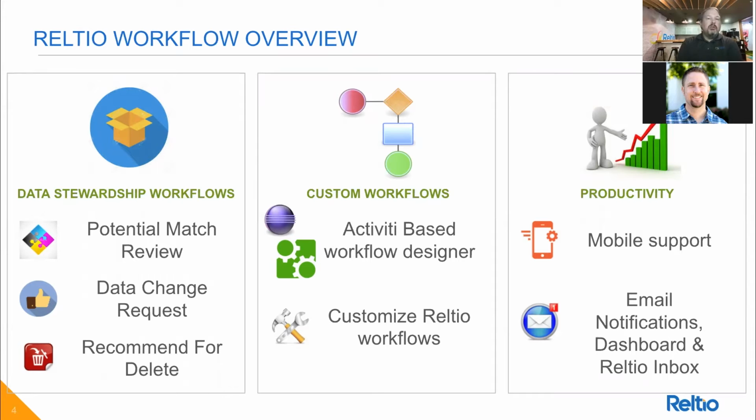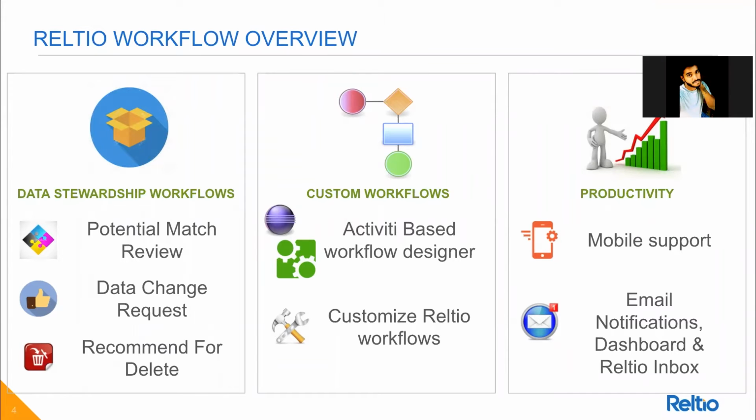In building and tuning your match rules, you may have a number of rules that trigger high confidence correlations that will automatically merge those records together. But where you have a medium level of correlation where a data steward needs to review it, many customers today just use the Reltio search interface to find and remediate those potential matches. But Reltio does provide this workflow process that allows you to trigger email notification, routing, and approval around those match review processes. We'll see an example of that shortly.